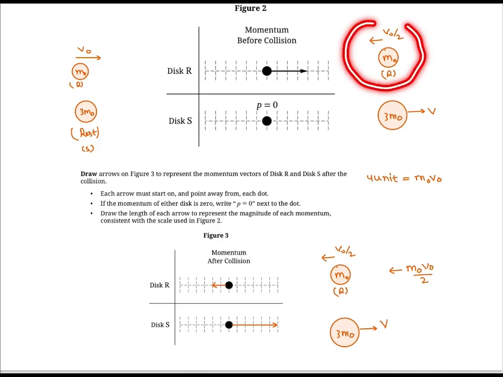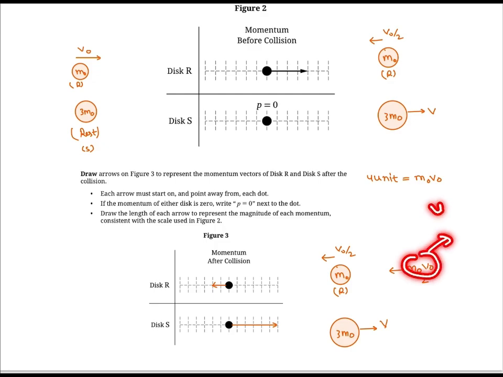What is the momentum of disk R after collision? It is m naught times v naught by 2. So m naught v naught is 4 units, divided by 2, comes out to be 2 units. So m naught v naught by 2 should be represented by 2 units, and of course towards the left. Please see here, we have represented it by 2 units. So this is the momentum of R.